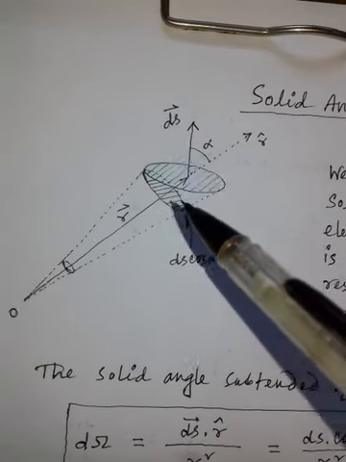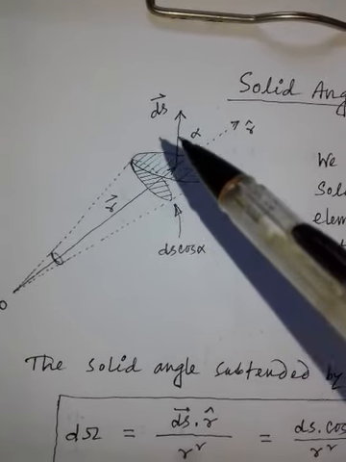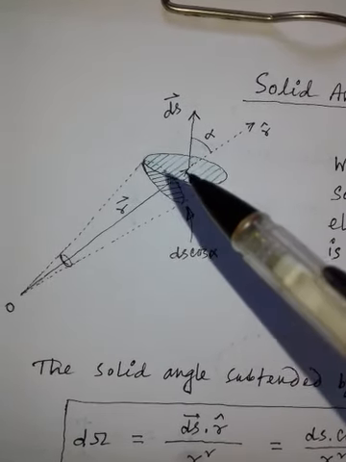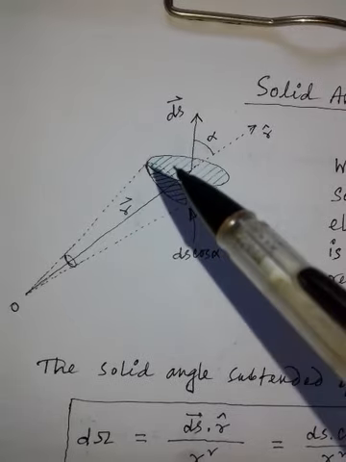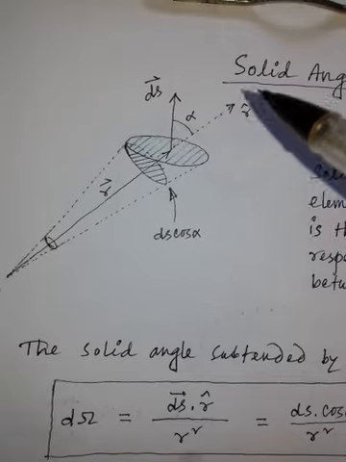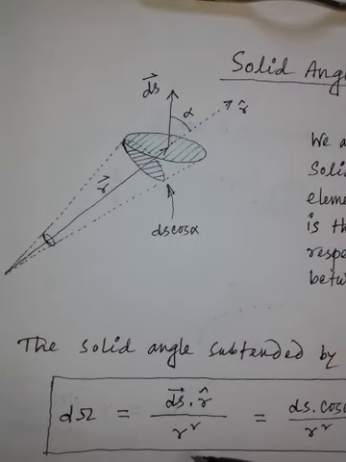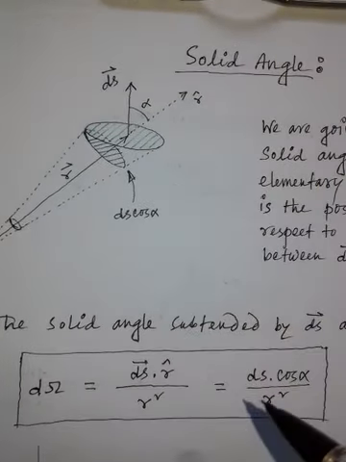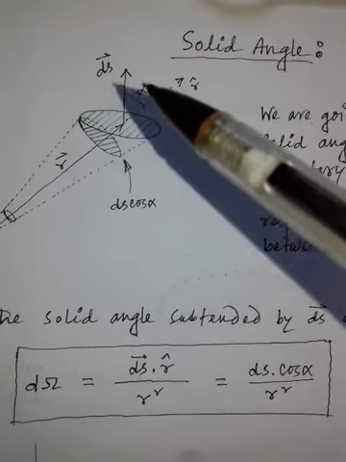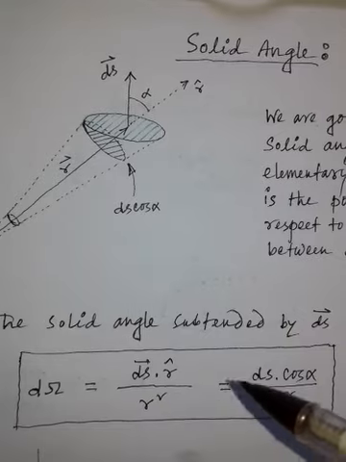We know that the vector ds is along the positive outward normal to ds. Here the solid angle made by ds at O is defined as ds dot r cap by r square, that is ds cos alpha by r square. As the angle between ds and r is alpha, we get ds dot r cap as ds cos alpha.